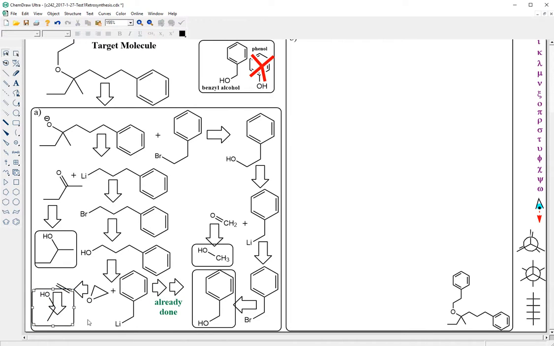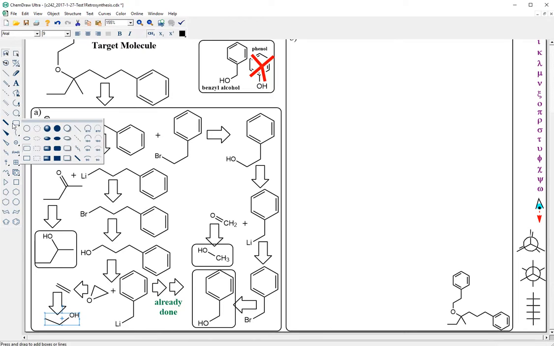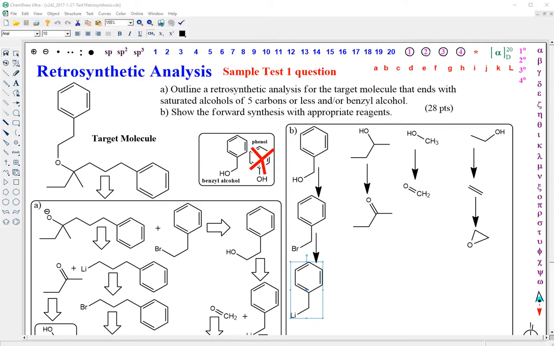Pesky box. Put a circle around it. That's a 2-carbon alcohol, thus concluding the retrosynthetic portion of this question. As you can see, I've copied all of the circled molecules from the end of the retrosynthetic analysis to the top of the page.